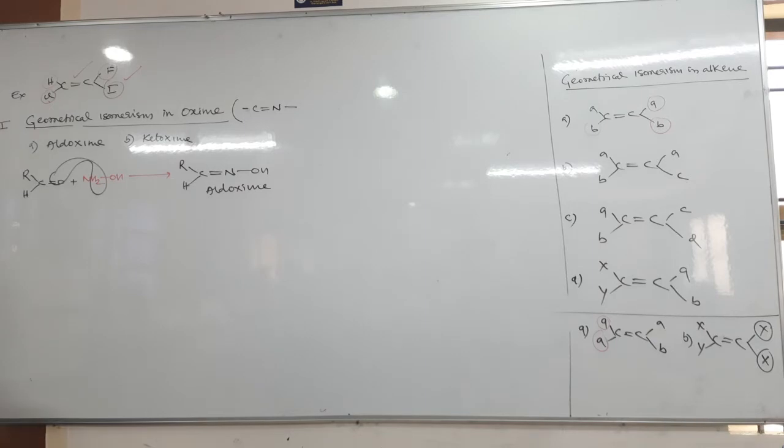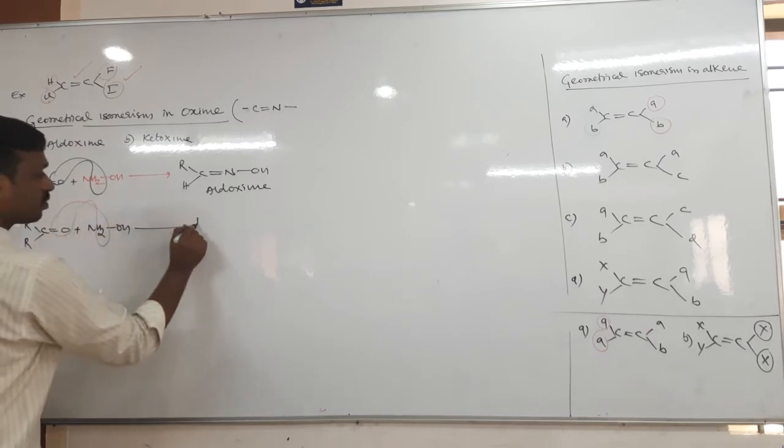Okay. Similarly, a ketone, C double bond O, with R and R, reacts with NH2OH. Here also a water molecule is removed. What do you get?